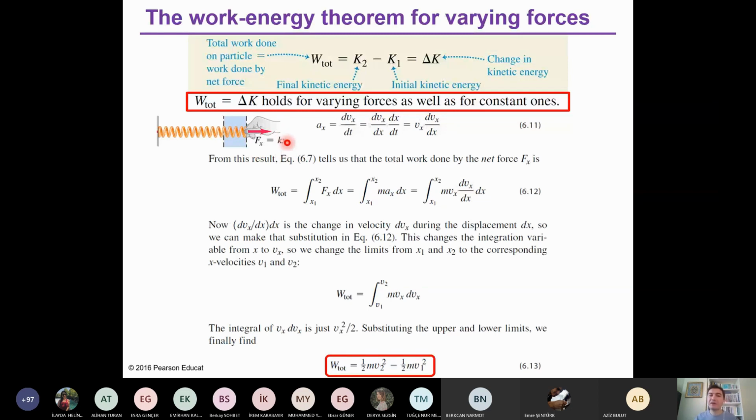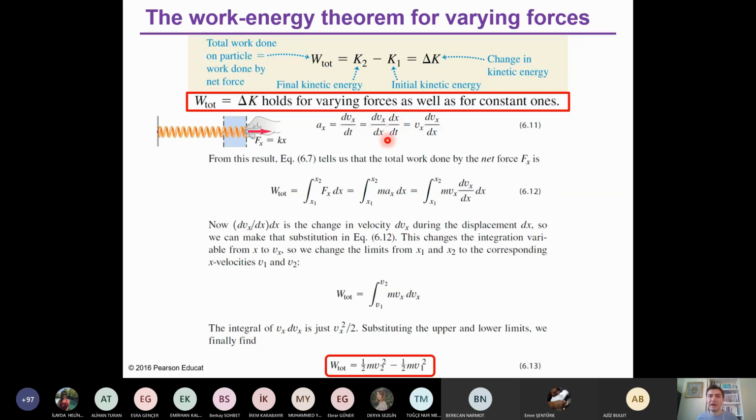So what about the acceleration of this part of the spring? Since we have a net force, then we have an acceleration. Remember Newton's second law, right? So what about the x acceleration of this spring? It can be written as the time derivative of its x velocity, dvx over dt. If I multiply this term by dx and divide by dx, nothing will change, okay?